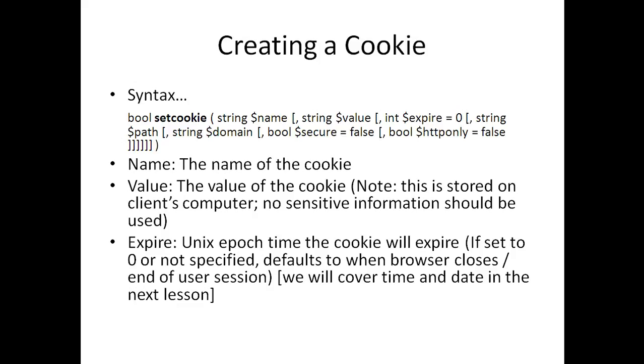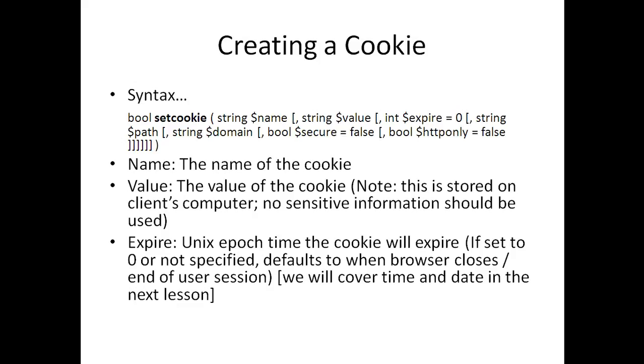So here's exactly why you're not putting variables in a cookie, because you're creating the cookie of that variable. Expire. Unix epoch time, the cookie will expire. If it's set to 0 or not specified, it defaults to when the browser closes, which is essentially the end of the user session. Okay.